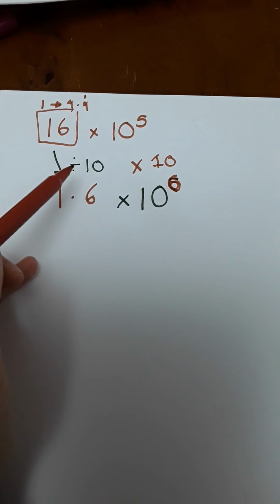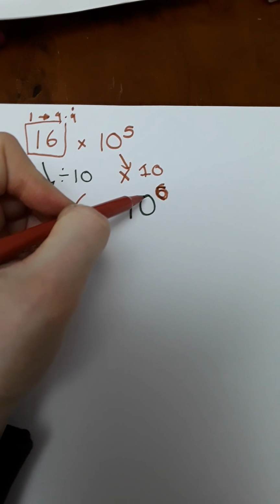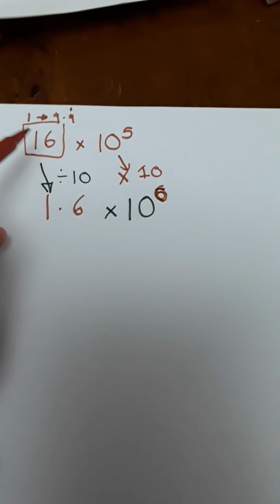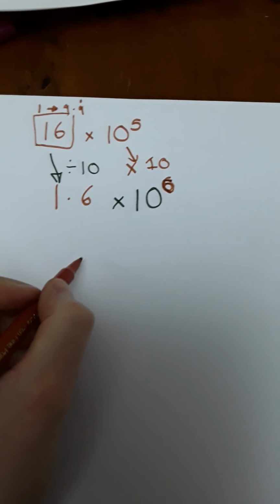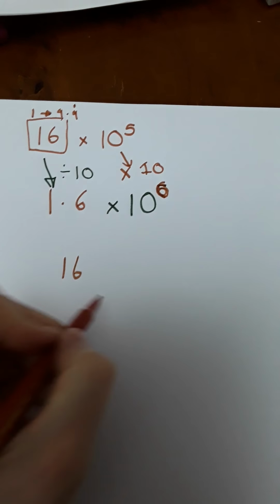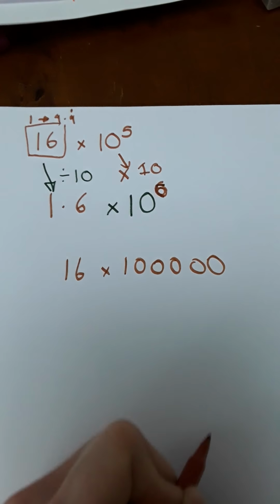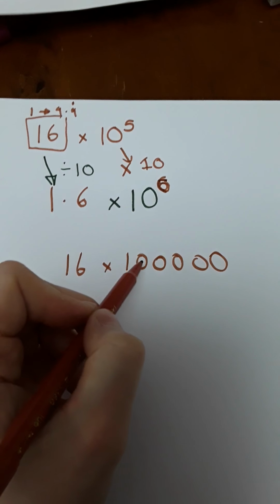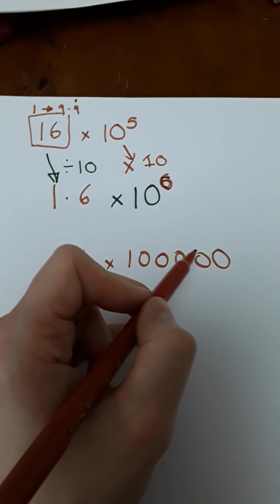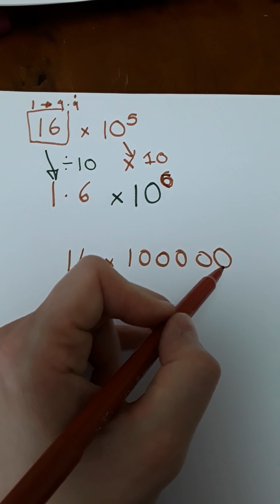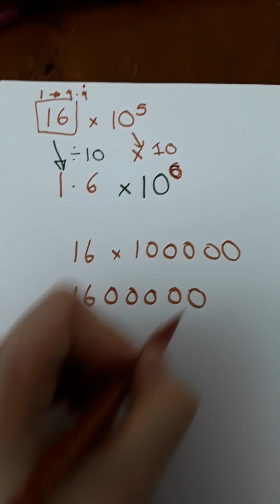And because we've divided by 10, we need to times by 10 this side to make up for it. So let's check to see if this comes out the same as this. If I have 16 times 10 to the 5, I have 5 zeros, because 10 times 10 is 100, which is times 10, which is 1,000, 10,000, 100,000. So I'd end up with 16, then 1, 2, 3, 4, 5.